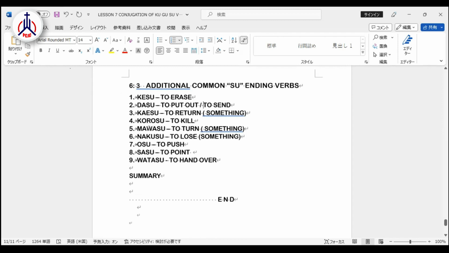Mawasu means to turn something. Nakusu means to lose something. Osu means to push. Sasu means to point. And then watasu means to hand over.